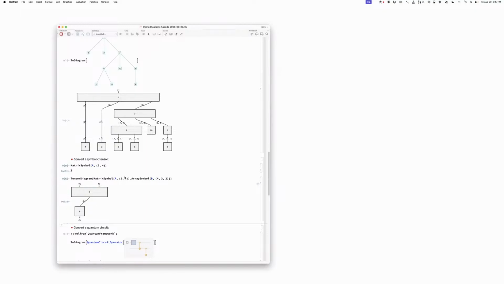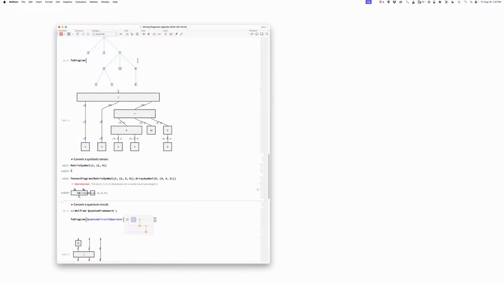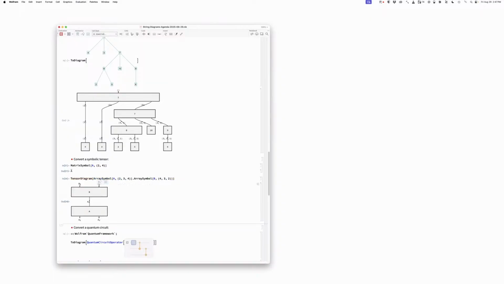Right. And if I go and I say 3 here. Well, you'd have to change matrix symbol to array symbol. Okay. Then that's A3, which has nothing to do with these numbers, but it's A3 being that numbered index.